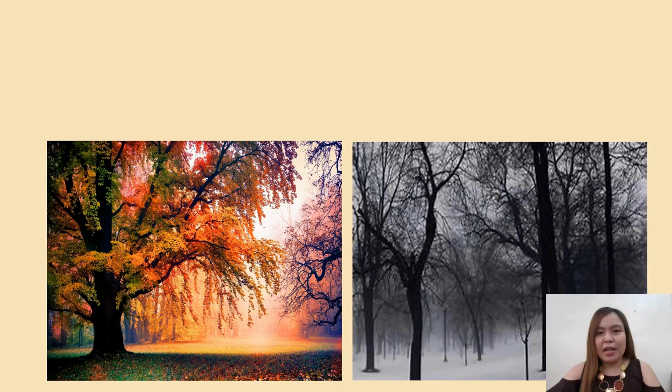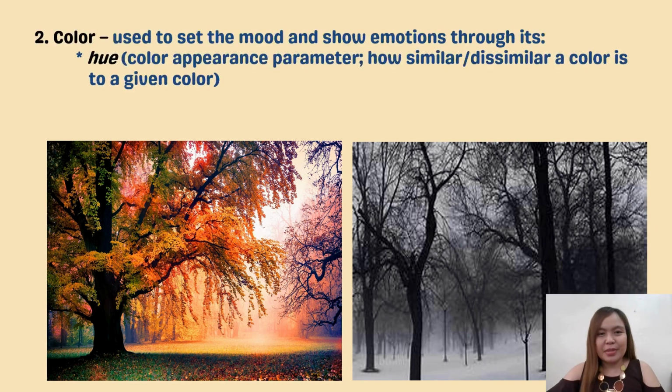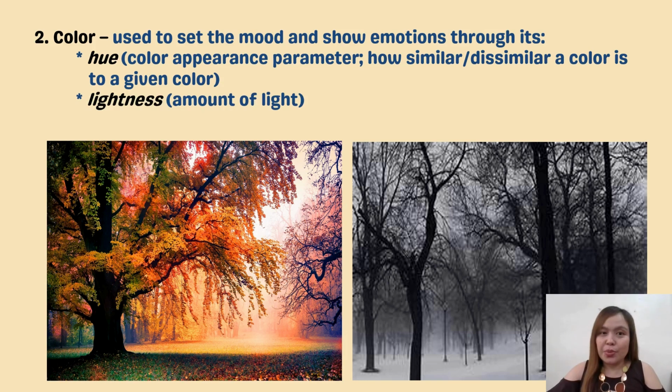Another element of visual literature is best shown in these two pictures. Take a look at the colors that come into play in the first picture. Now juxtapose that with the second picture. Take a look at the hue, also known as the color appearance parameter. It tells us how similar or dissimilar a color is to a given color.